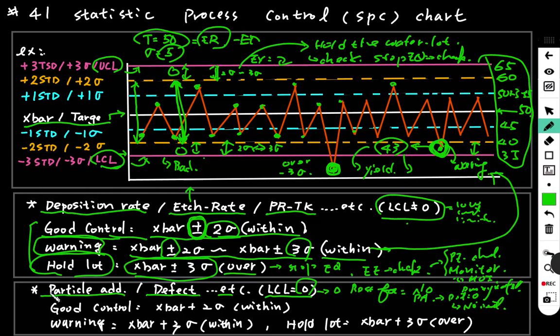So for the chart controlling particles and defects, the low control limit would be 0. Good control is X bar within positive 2 sigma, a warning is X bar within 3 sigma, and the whole lot is hold when X bar is over plus 3 sigma.